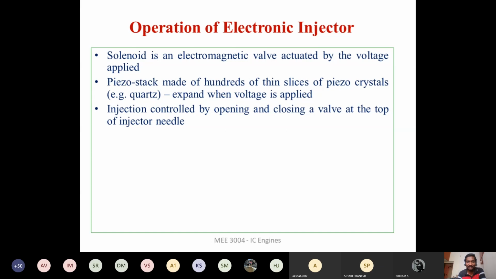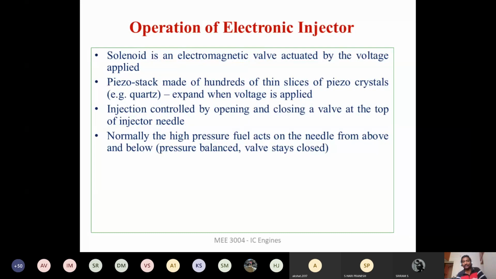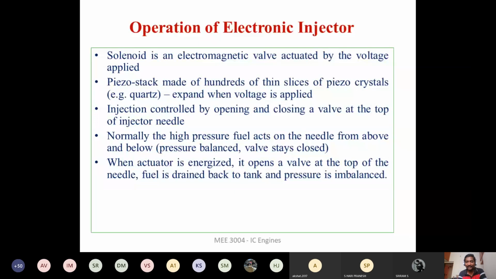So, the electronic fuel injector. Injection is controlled by the opening and closing of the needle valve, right? Normally the high pressure fuel acts both above and below the needle valve. Whenever a pressure difference exists between the fuel above and below the needle valve, the pressure imbalance is going to move it up and down, and thereby the fuel is injected.